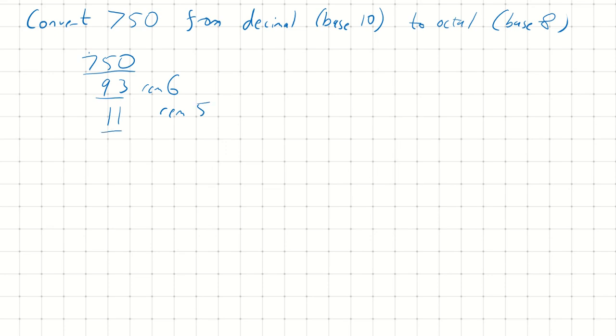Divide 11 by 8 I get 1, remainder 3, and dividing 1 by 8 is 0, remainder 1. So again, looking at my remainders in reverse order, that means that 750 in base 10 is the same as 1356 in base 8.